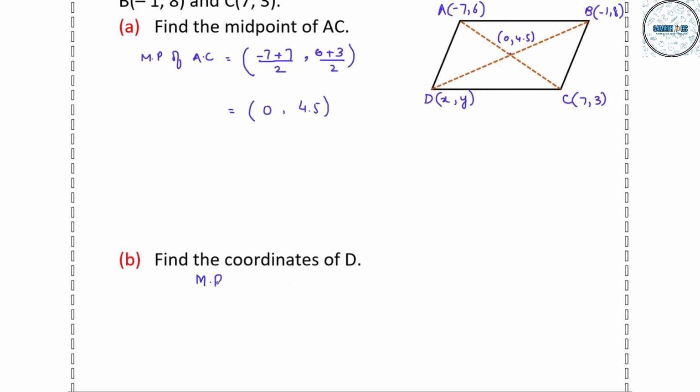Midpoint of AC is equal to midpoint of BD. Midpoint of AC is (0, 4.5). We have here X and we have here minus 1. So (X minus 1) upon 2, comma, (Y plus 8) upon 2.